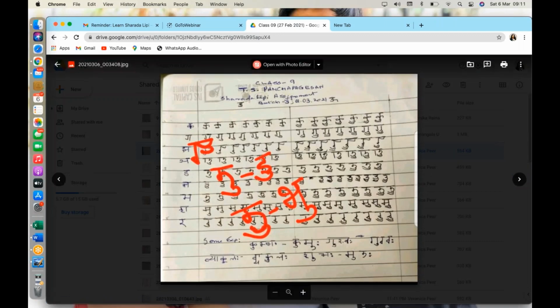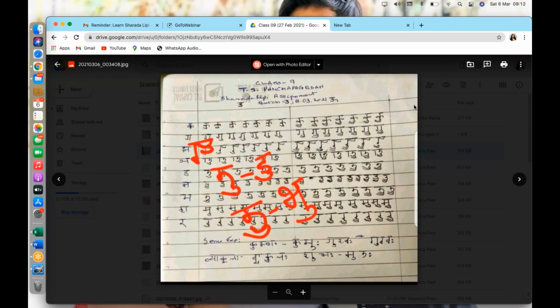Another assignment. This is from Mr. Panchapaganesan. So corrections are shown here. In this particular ru matra, the u shown here, the matra is slightly, it is to be drawn below.